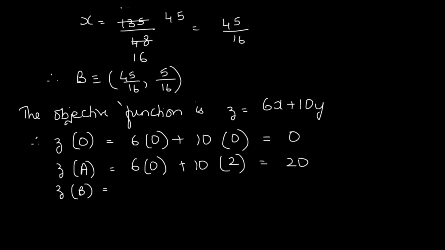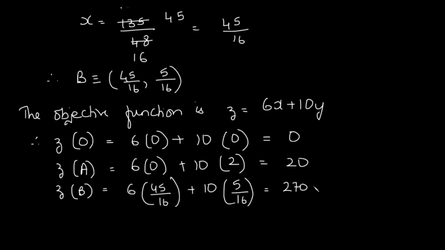ZB: now B has these values, the coordinates of B are these, and therefore 6 into 45 upon 16 plus 10 into 5 upon 16, which comes out to be 270 plus 50 upon 16, which is actually 320 upon 16. Now 16 ones are 16 and 16 twos are 32, so we get 20 as the answer over here. So the value of ZB is also 20.